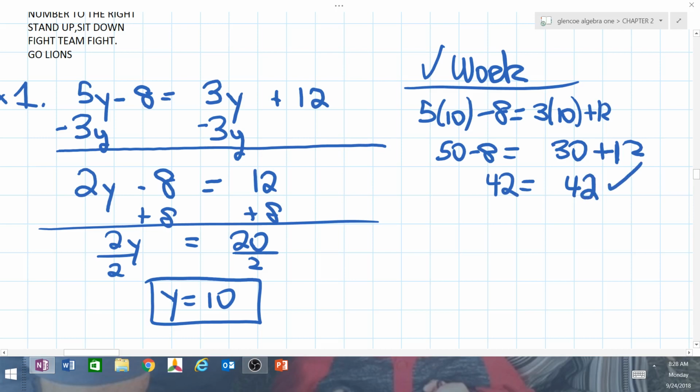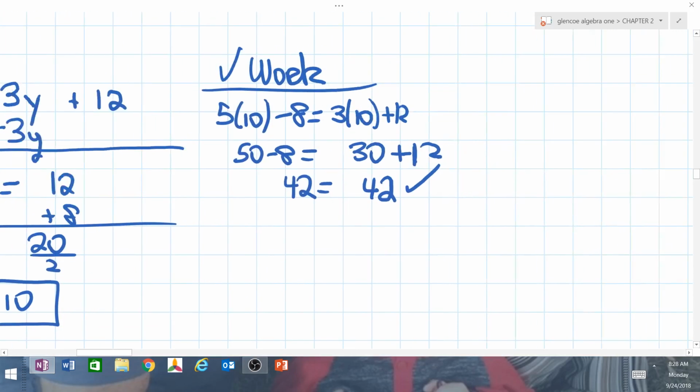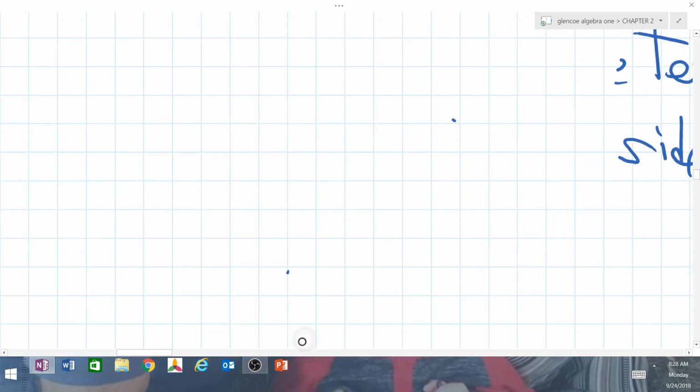So we have solved the problem correctly. Does anyone have a question on example 1? Are you sure? So example 2, I want you to put this in your notes.